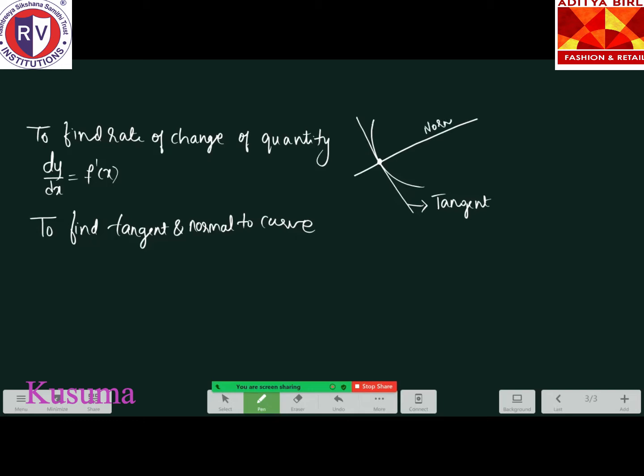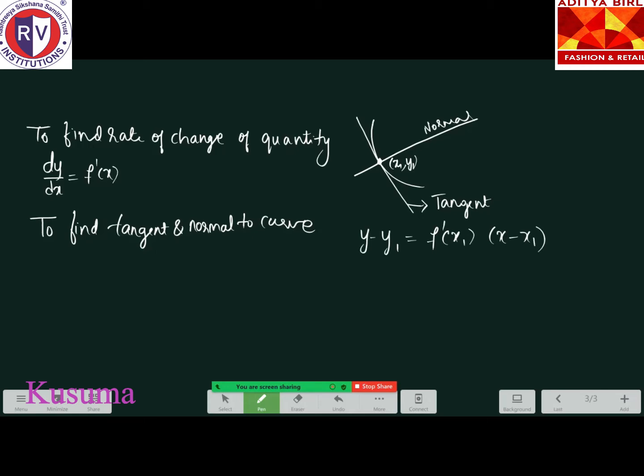So this will be the normal to the curve. Okay. So if this is the point x1 comma y1, then you will have the equation of the tangent like this. That is y minus y1 will be equal to f dash of x1 into x minus x1. This will be the equation of the tangent to the curve at this point x1 comma y1.